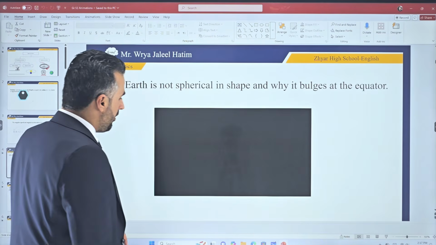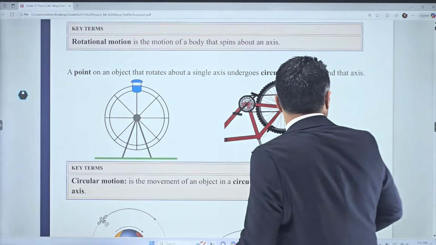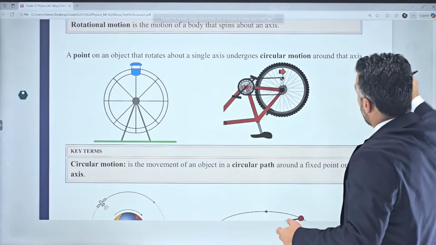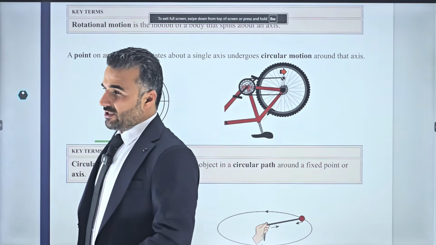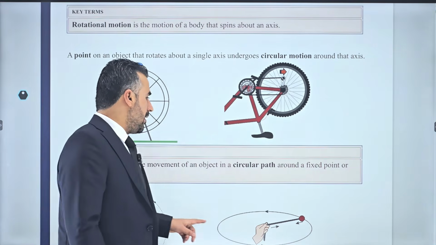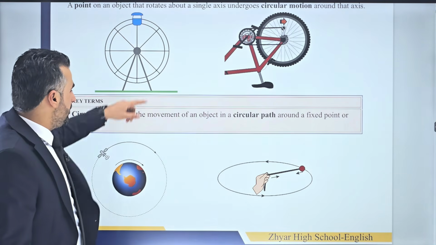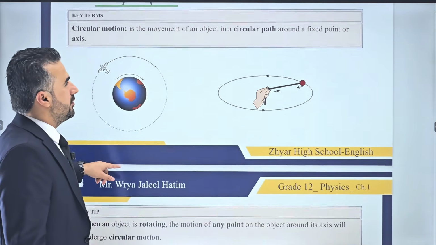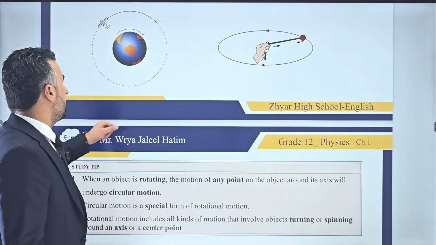All right, now going back to this. So now we've learned about circular motion and rotational motion, right? If we take the motion of any point on a rotating object, that will be circular motion.